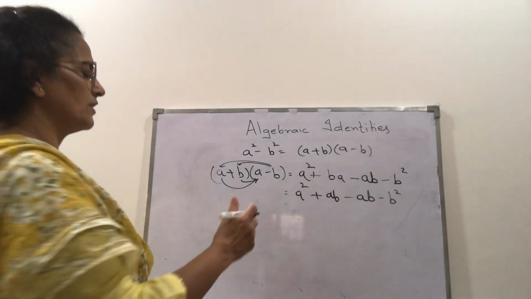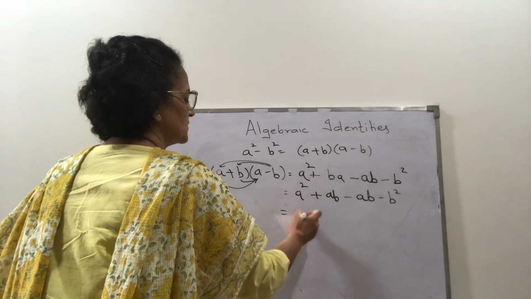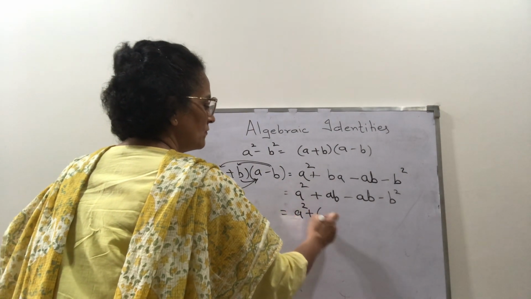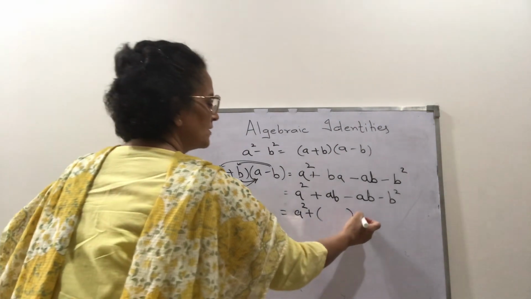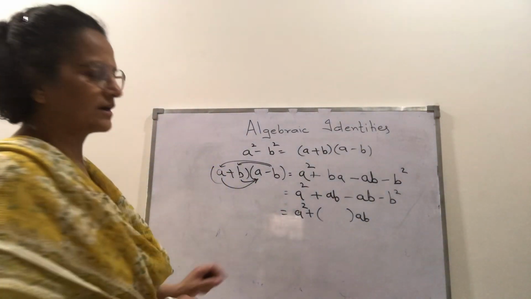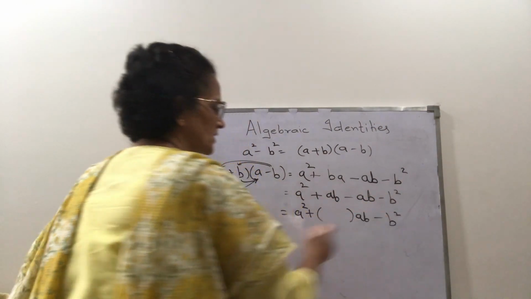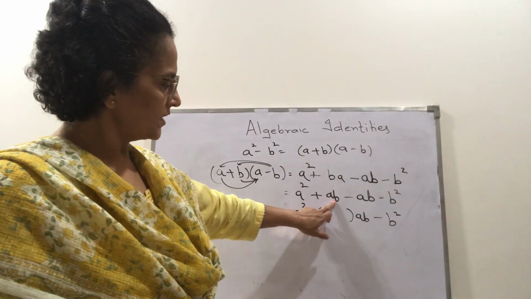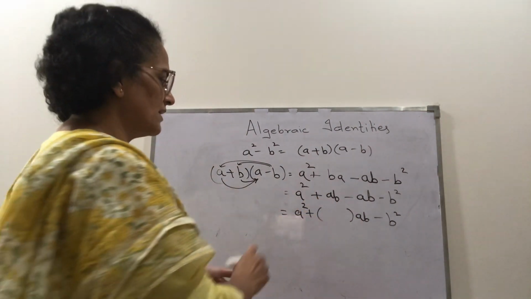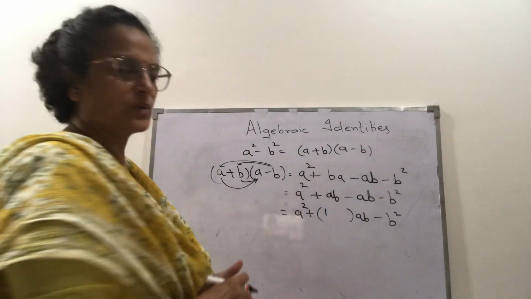When we have done addition of algebraic expressions, we open up a bracket and write the algebraic factor outside, and let me copy this minus b square. So for this ab, the coefficient is 1, I copy the coefficient 1.